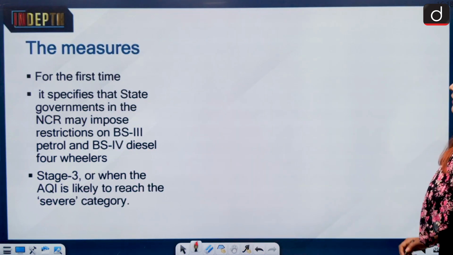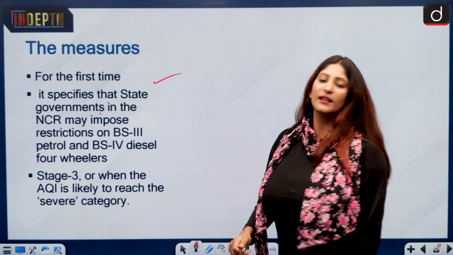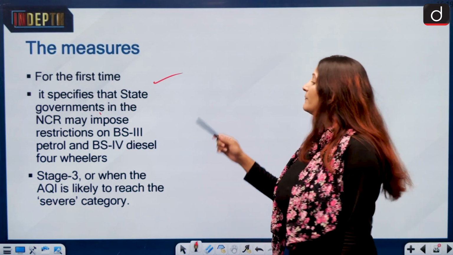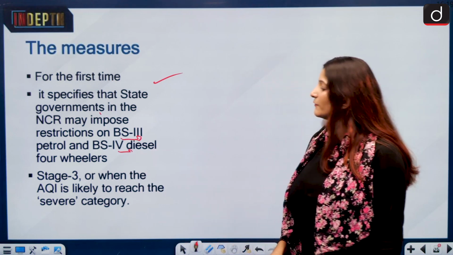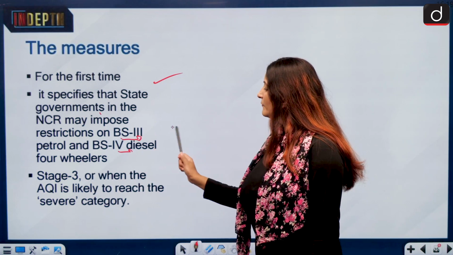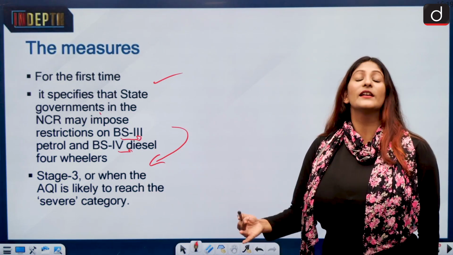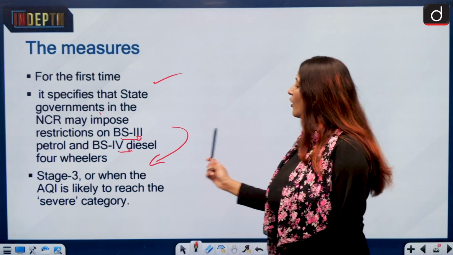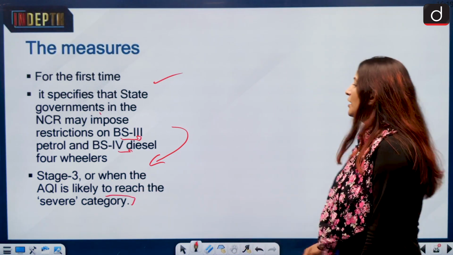Moving ahead, let us talk about the measures currently. Now, it is for the first time in the current year that the guidelines specify that state governments in the NCR may impose restrictions on BS3 petrol and BS4 diesel four-wheelers. Apart from that, stage 3 will come into effect when the severe category, not very poor but severe category, comes into effect, or when the air quality index is likely to reach severe category, that I have already told you.